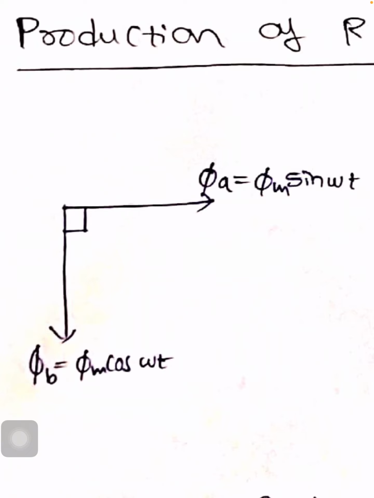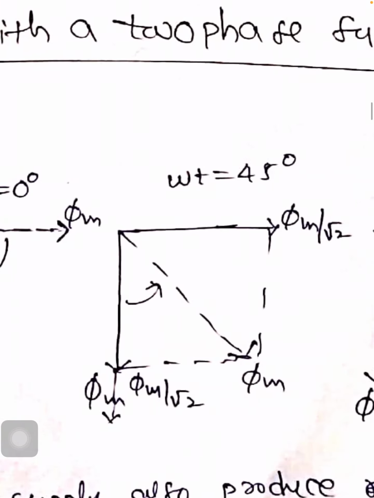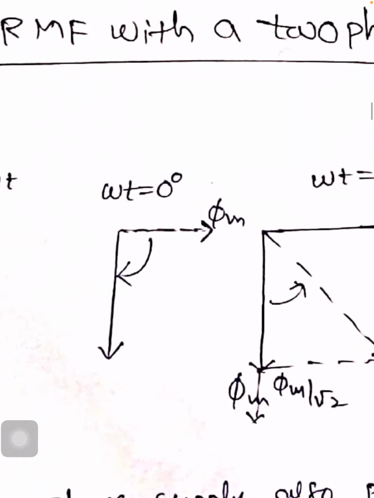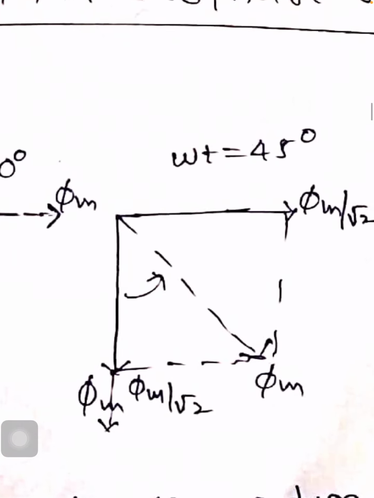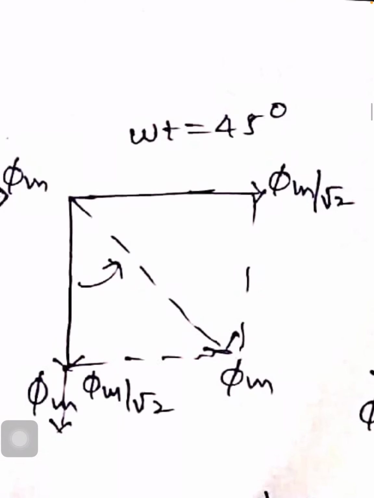In the case of φA, φm sin 45 degrees gives 1 by root 2, and φB, φm cos 45 degrees, also gives 1 by root 2, the same. So here, φA is φm by root 2 and φB is also φm by root 2.